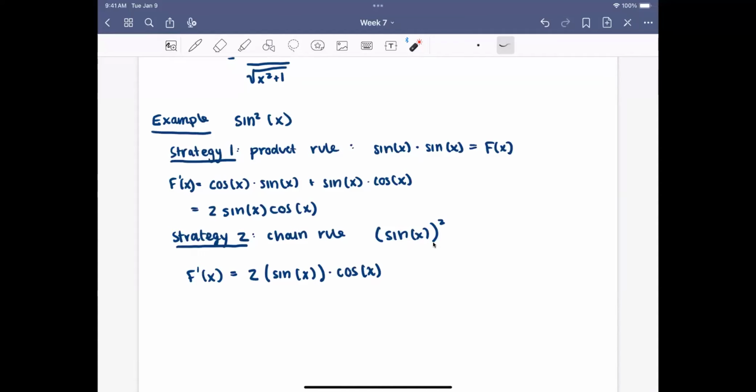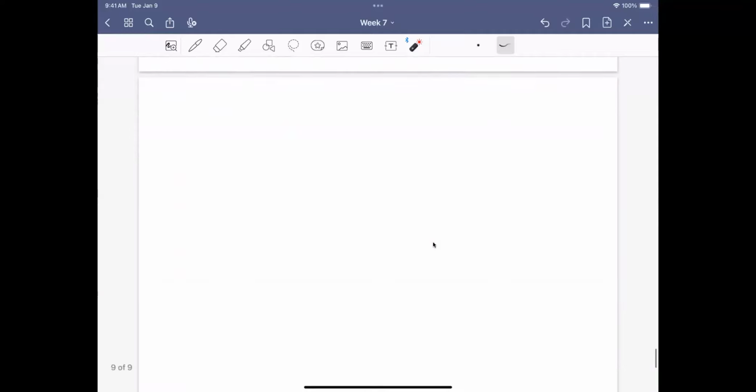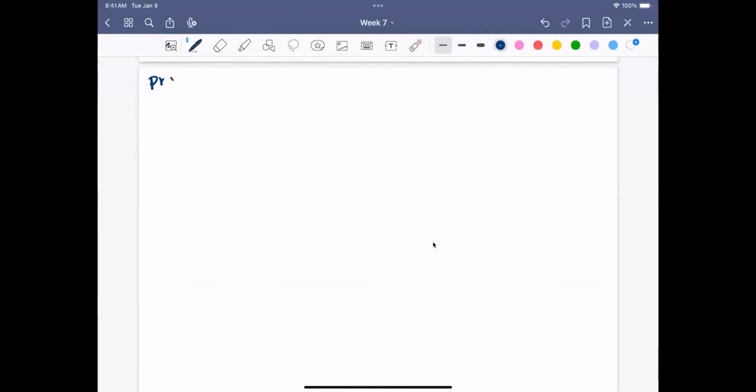Okay, so let's take a break from examples and do the proof, and then we can go back to examples if there's more time at the end. So let's take a look at the proof of the chain rule.